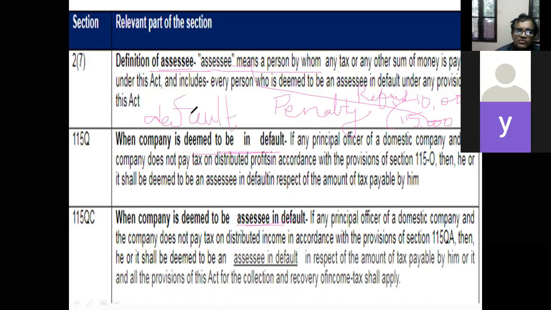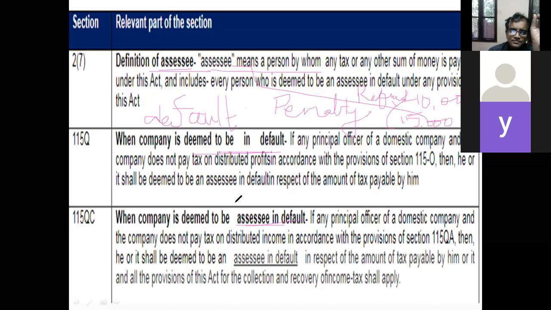Assessee means a person who has to pay tax to the tax authorities, who has to pay penalty, for whom a refund will come from the tax authorities. In all those cases, such a person is known as assessee. Assessee in default means he who does not pay tax to the tax authority within the specified time will be deemed as the assessee in default.